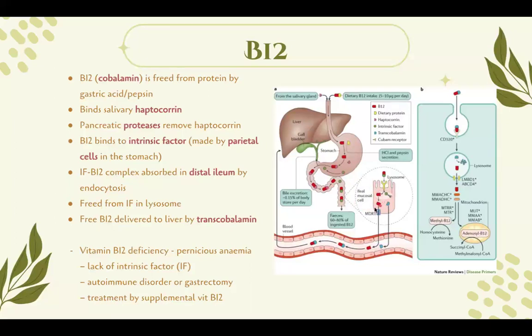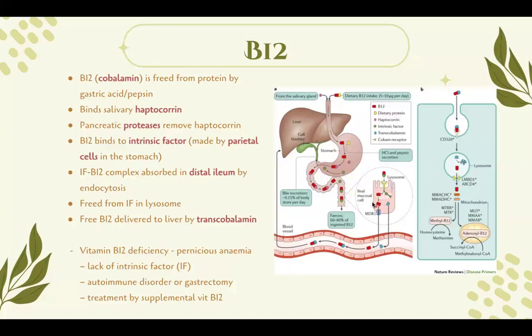So this is the ileum mucosal cell. This is a cell in the ileum. The B12 intrinsic factor complex goes there and gets absorbed. Inside, it will be freed from the intrinsic factor in the lysosome. Okay, this is a lysosome. We remove the intrinsic factor and B12 is now free.